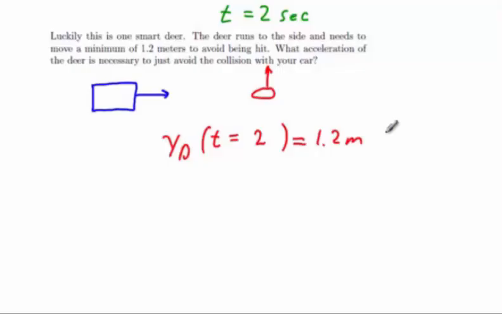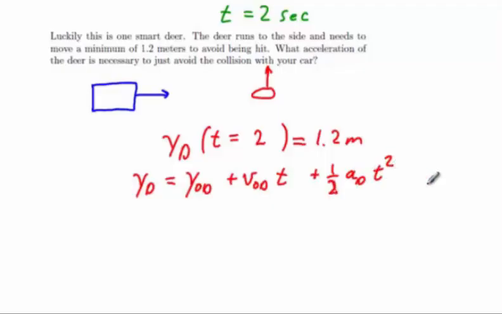To realize this condition, we need to invoke the equation that is implied by our formula. Our formula is a relationship between the y of the deer and time, and so immediately we turn to this formula. Y of the deer is y0 of the deer plus v0 of the deer times t plus 1/2 acceleration of the deer t squared. Let's plug in. We require that y of the deer be 1.2 meters. y0 of the deer is the initial y position of the deer.